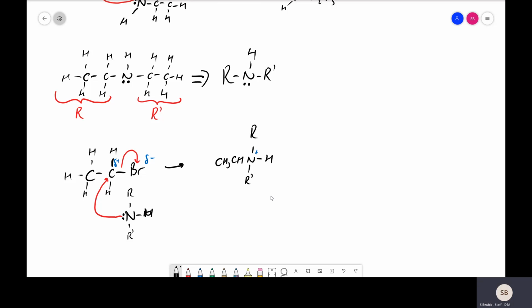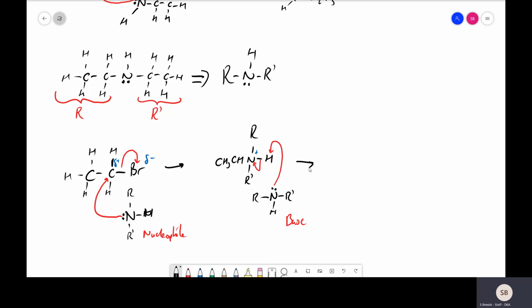So now what will happen, if a second one of these comes along, which is absolutely fine to do, it's going to, so I'll put this at a weird angle, but the first one acts as a nucleophile. Second one, again, is going to act as a base in exactly the same way that ammonia does. So it's going to take that hydrogen away, and then the nitrogen-hydrogen bond is going to break.